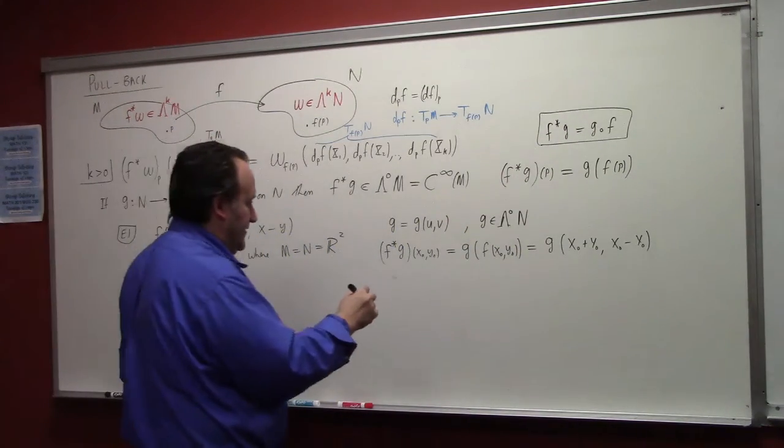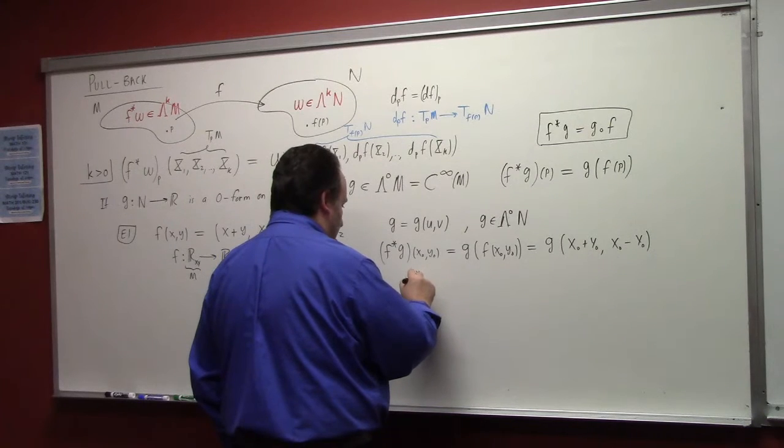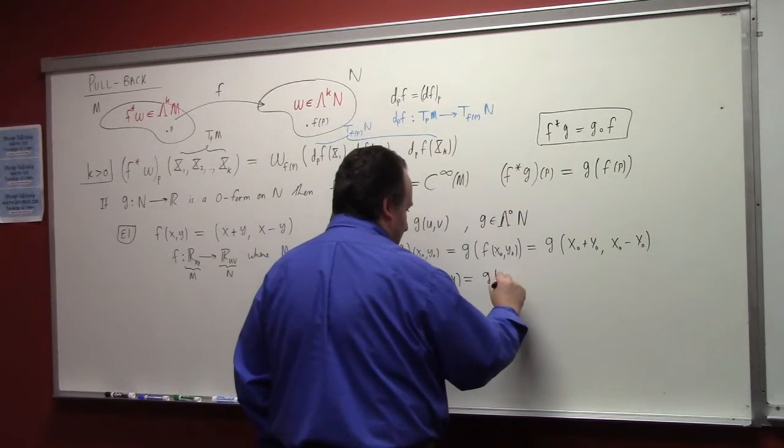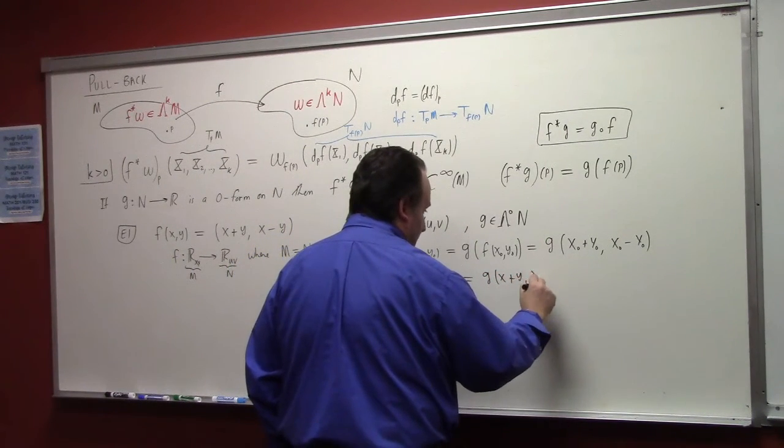Or if we write it in terms of xy notation, f pullback g of (x, y) is straight up equal to g of (x plus y, x minus y).